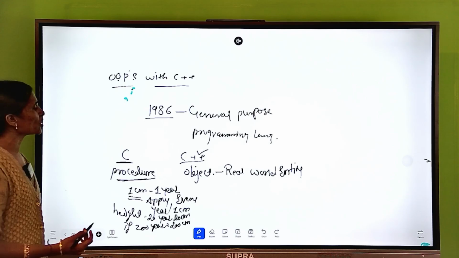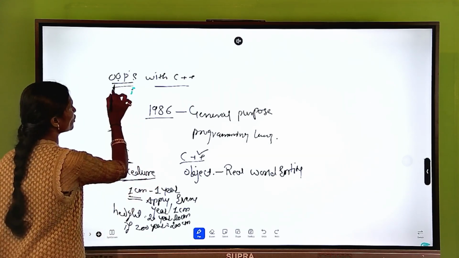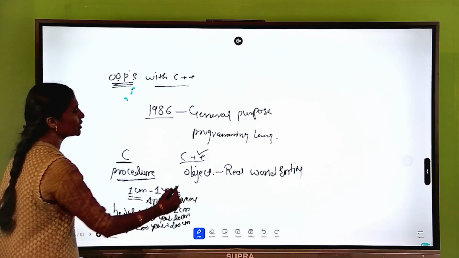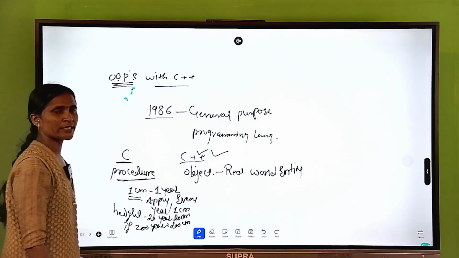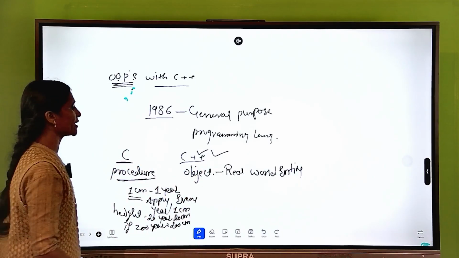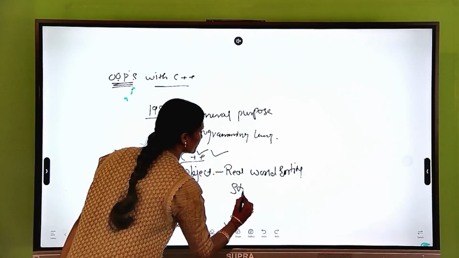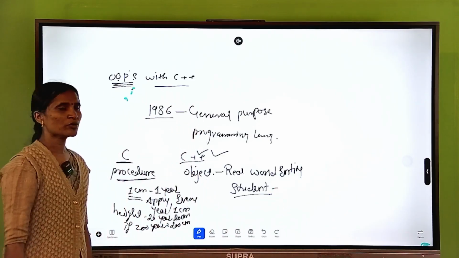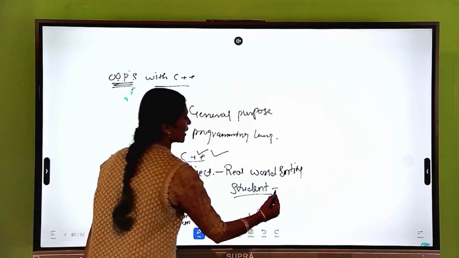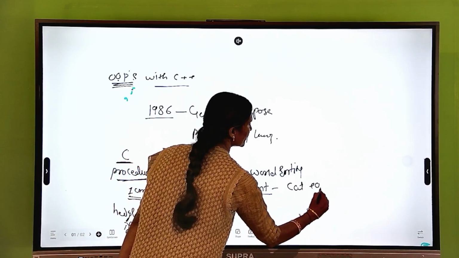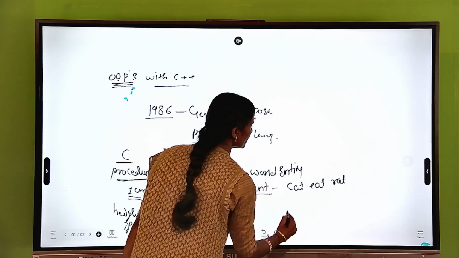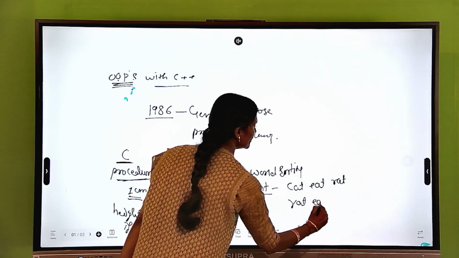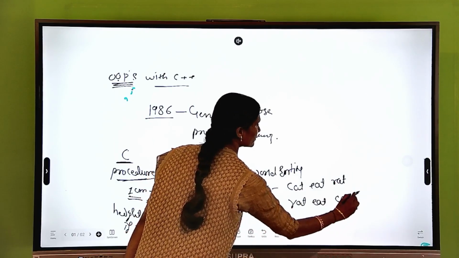They came to the thought that no, we have to apply object oriented concepts where we can work on the real world entity, for example the entity student. Here we call it discourse knowledge. Example: cat eats rat, and rat eats cat.